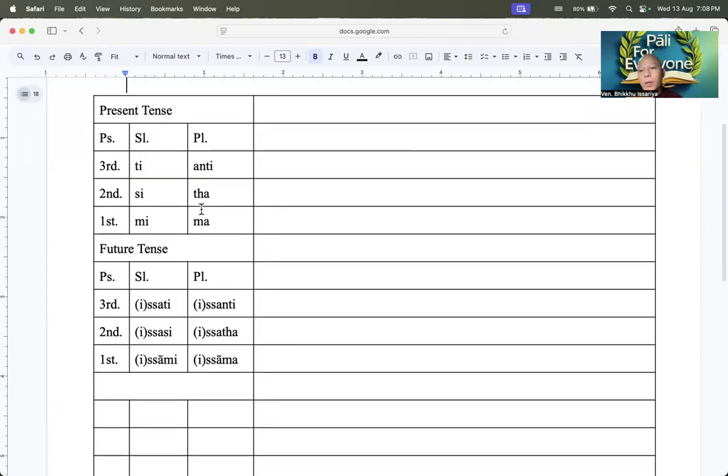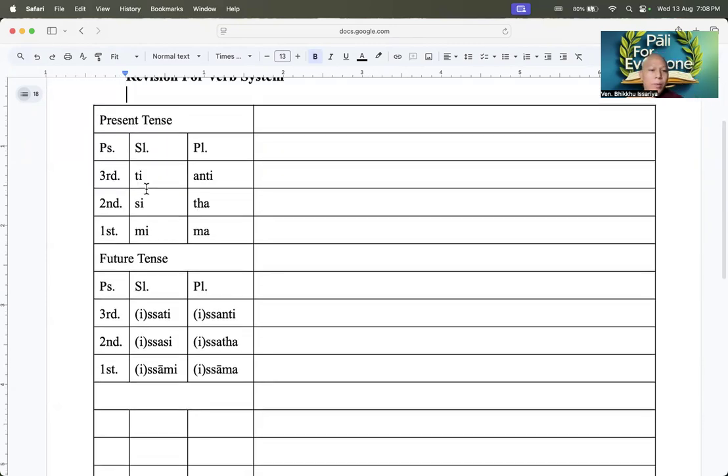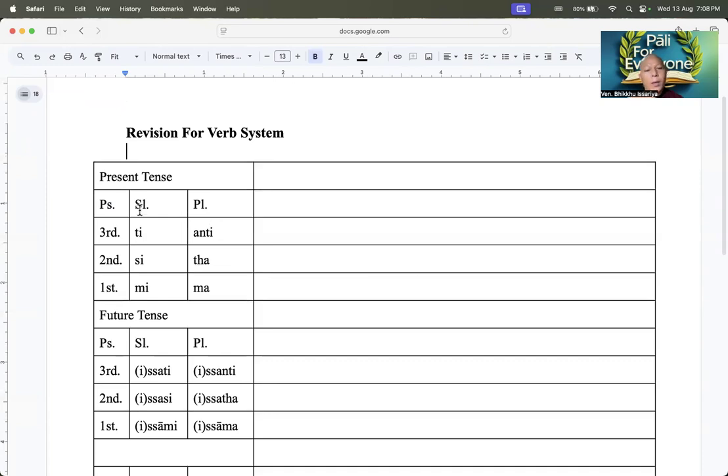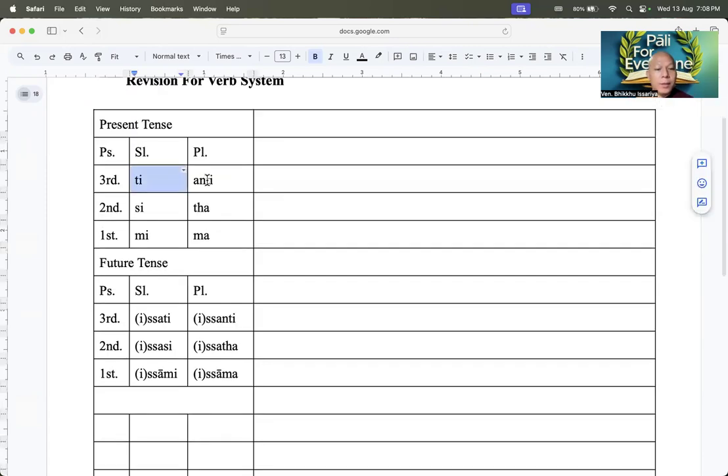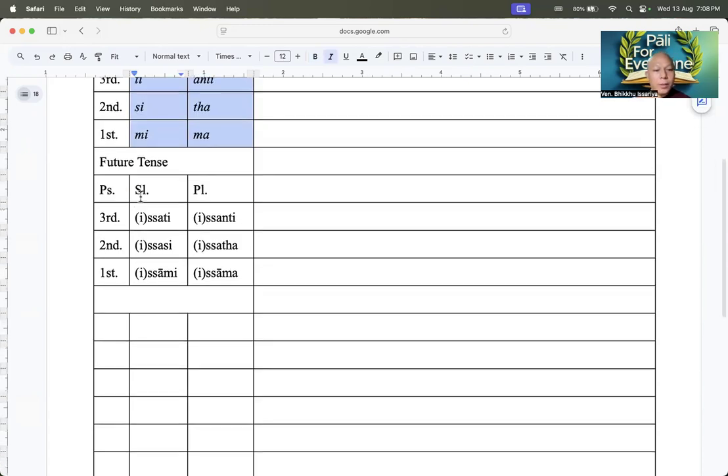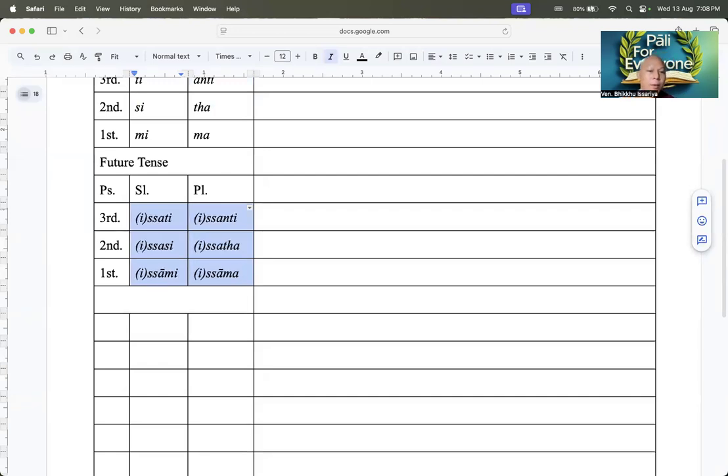Actually, we have already learned those verb terminations, like the past tense. Present tense is ti, anti. So si, tha, mi, ma in this way. And then future tense: ssati, ssanti, ssasi, ssatha, ssami, ssama.